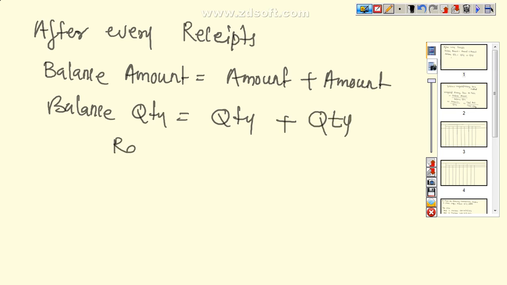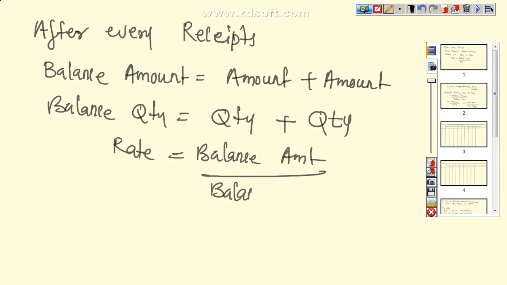Then rate is equal to balance amount upon balance quantity. So after every purchase, both amount and quantity increase, and we calculate the rate by applying the formula balance amount upon balance quantity.